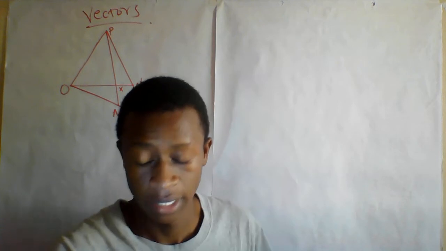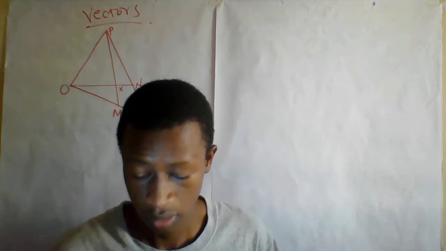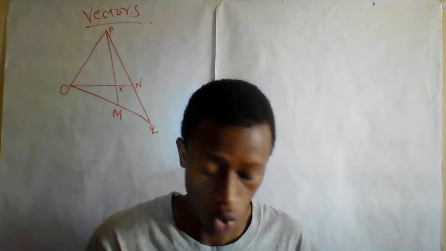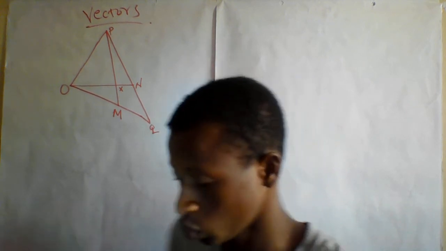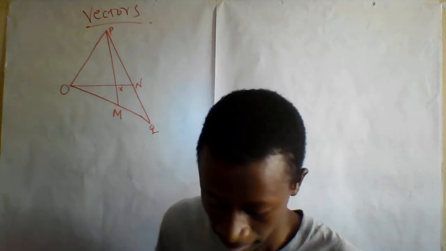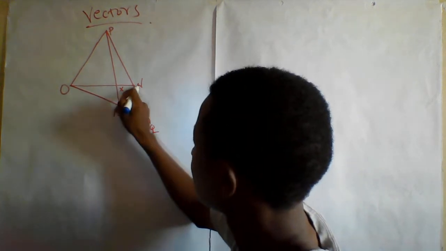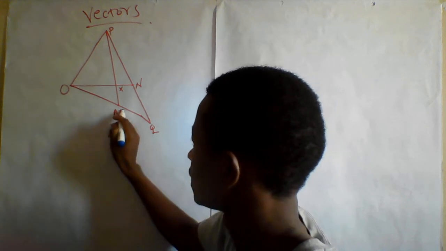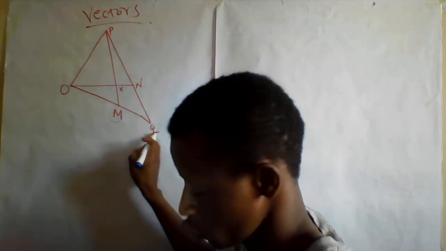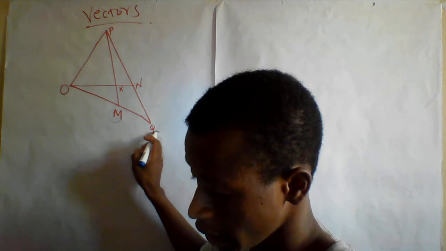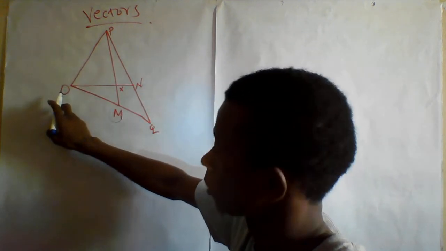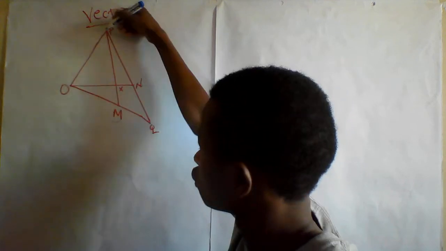That is the figure given below. M and N are points on OQ. That is, M is a point on OQ, and N is a point on PQ.